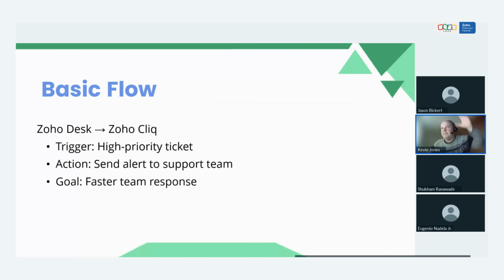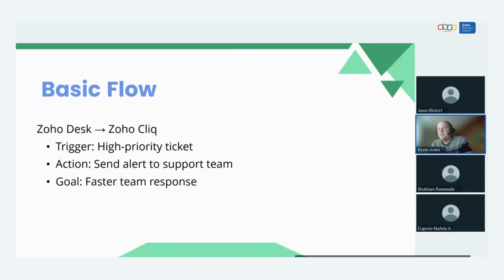So you take your data from the CRM, it looks into analytics, it looks into Desk, and it pushes some data into yet another app. So it can do more than one thing. It can be logical. It doesn't need to be a straight up and down line. So now I'm just going to get into a few examples.